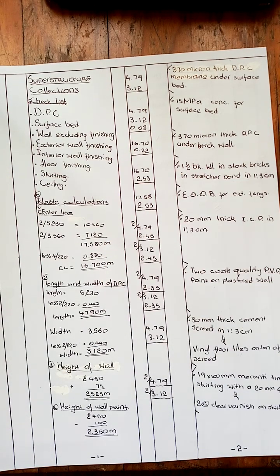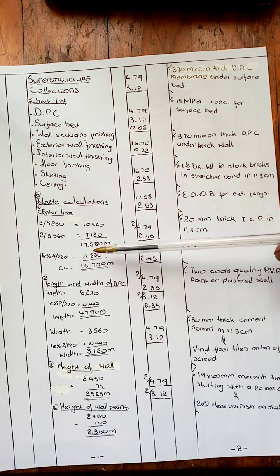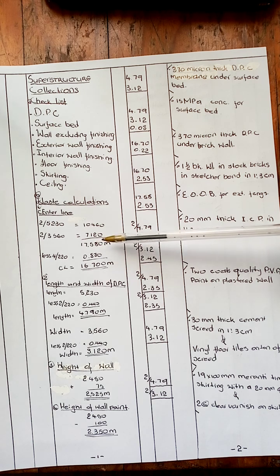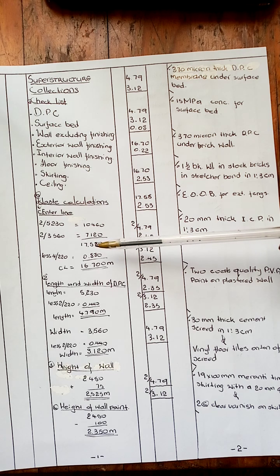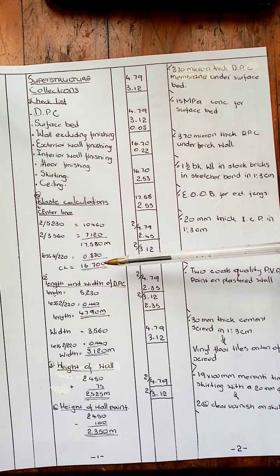From 17 meter 580, you less 4 by 220, which gives you 0.880. So 17.580 minus 0.880 gives us 16.700. That is 16 meters 700.